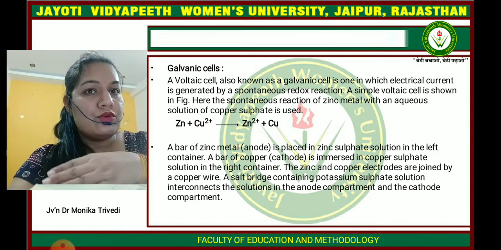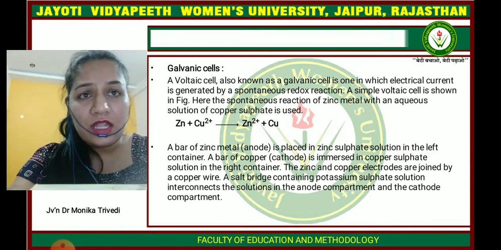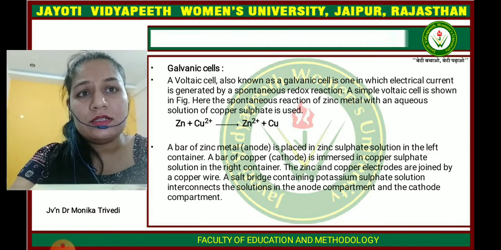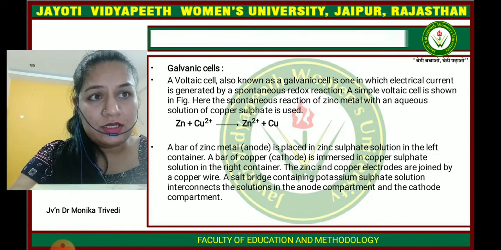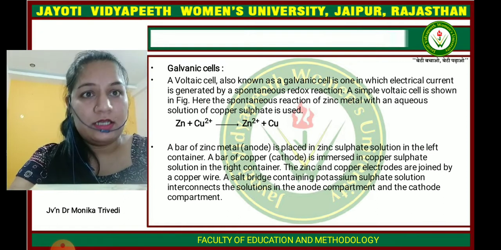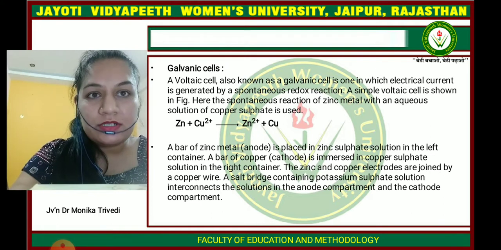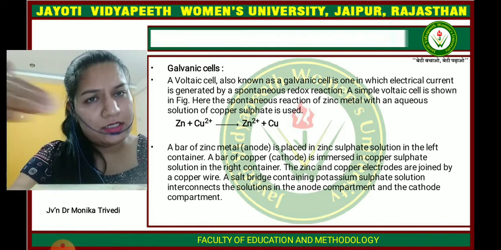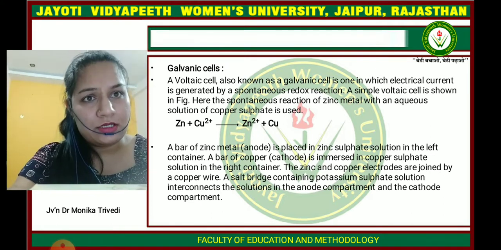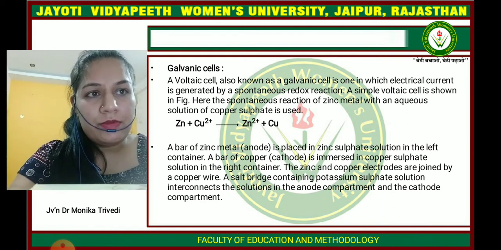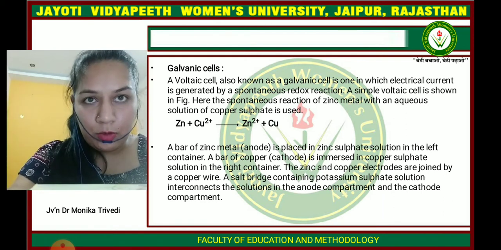In this kind of reaction, a zinc metal which is the anode is placed in a zinc sulfate solution in a left container, and a bar of copper which is the cathode is immersed in a copper sulfate solution in a right, separate container. The zinc and copper electrodes are joined by a copper wire.